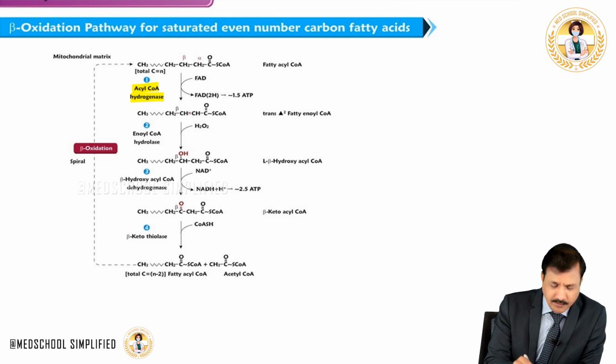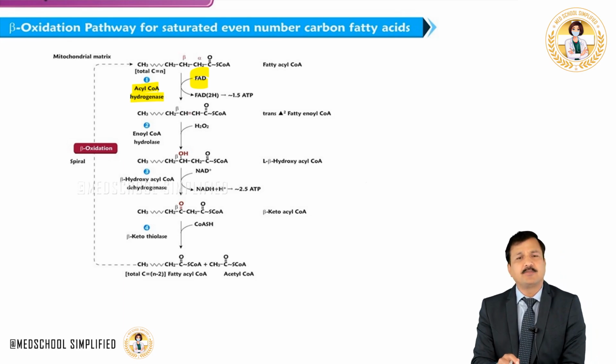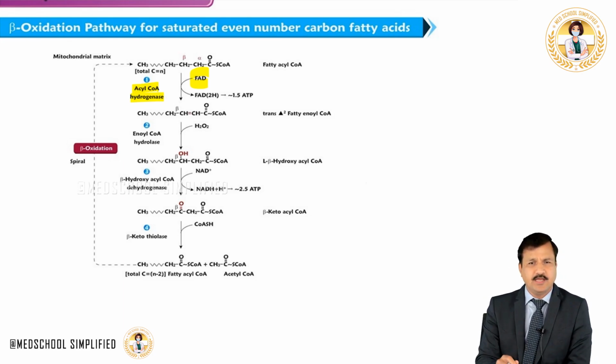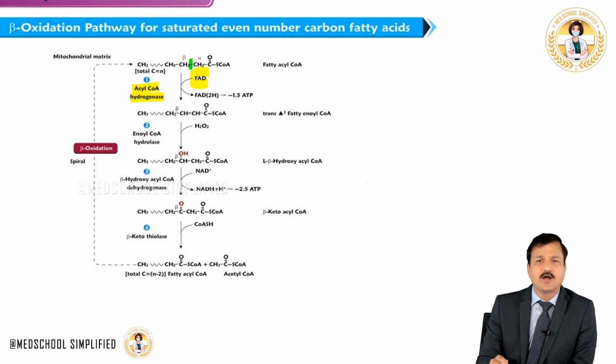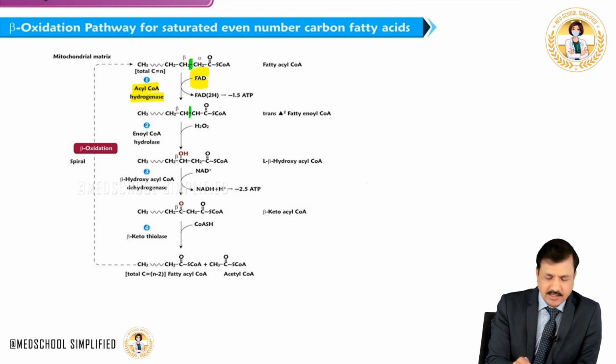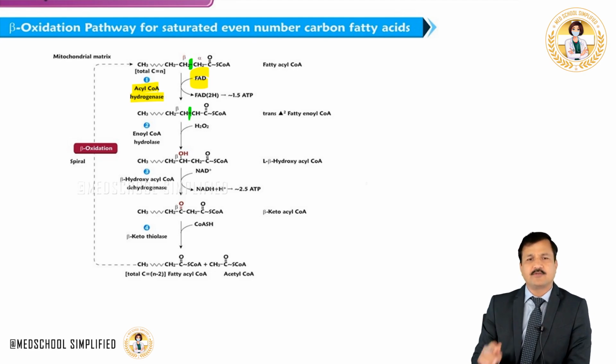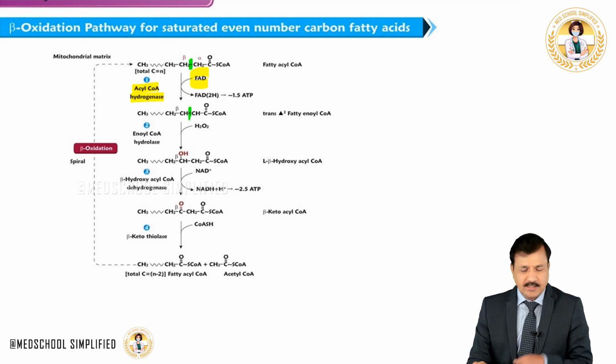So what does a specific acyl-CoA dehydrogenase do? It brings in FAD, which is reduced into FADH2 while your fatty acid is oxidized. Where is the oxidation? The bond between the alpha and beta carbon is oxidized, and there is an introduction of a double bond there, which I have highlighted with green color.